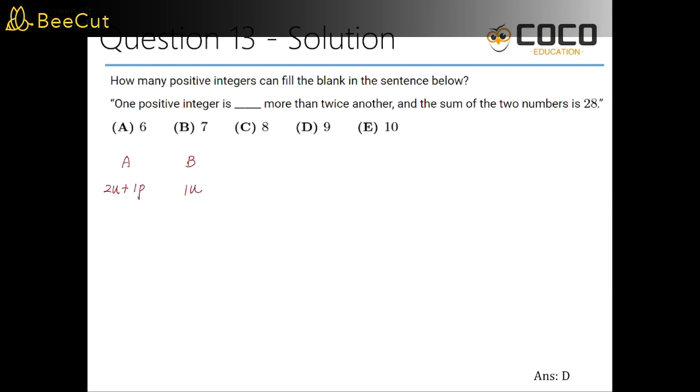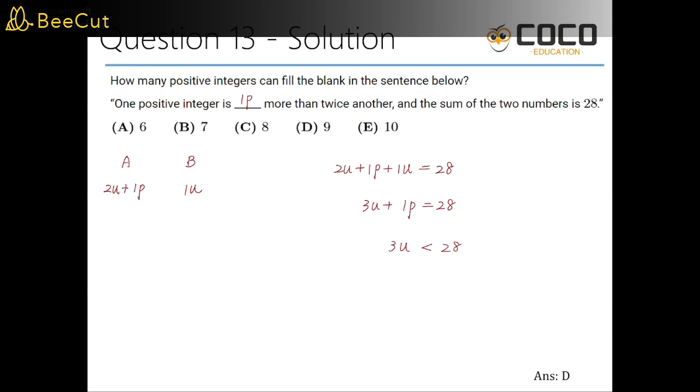So we add them together. It's 2U plus 1P plus 1U equals 28. So 3U plus 1P is 28. Right? So this difference is 1P, 1P more than twice of the other. And they say that this number is positive, so it's greater than 0, means that 3U is less than 28.